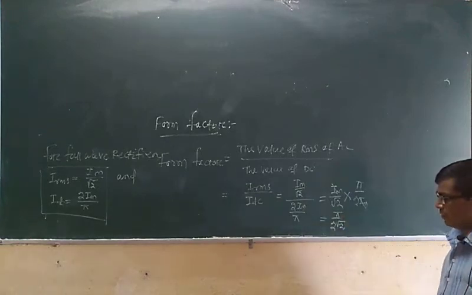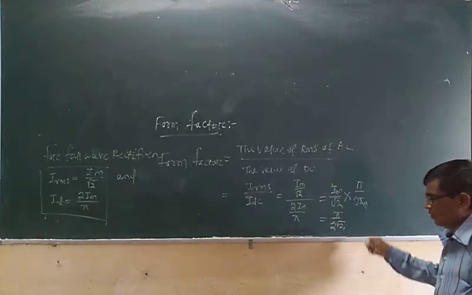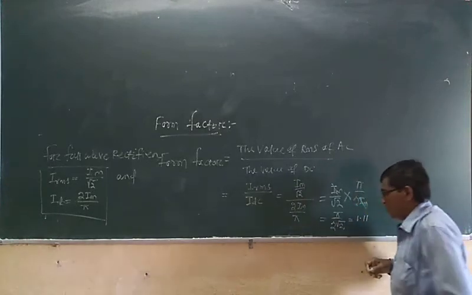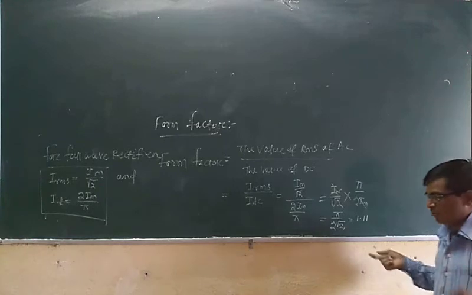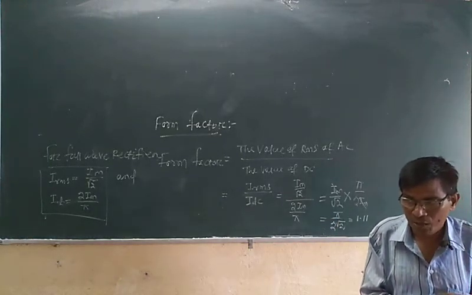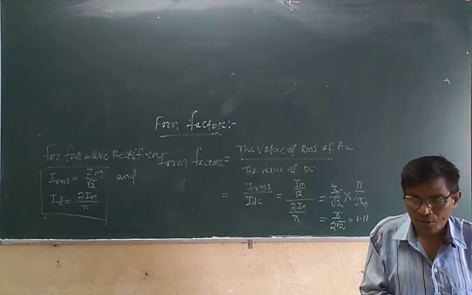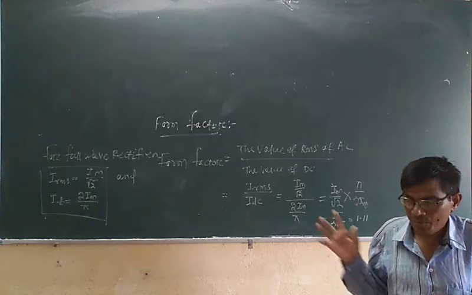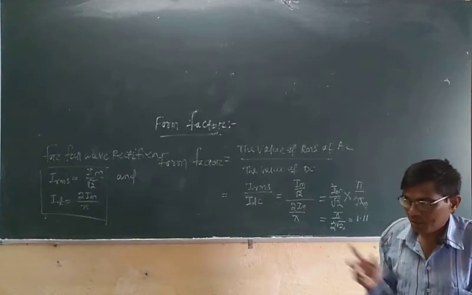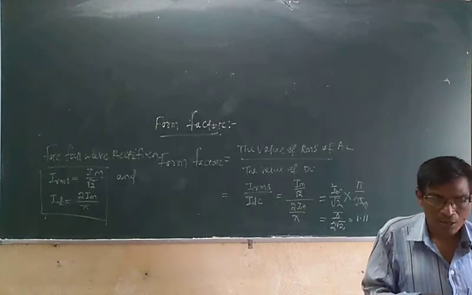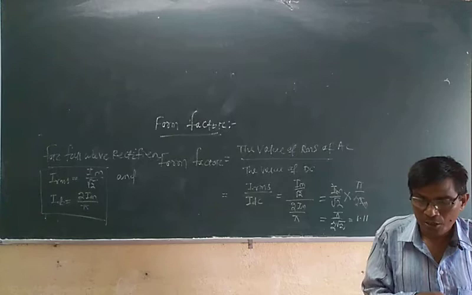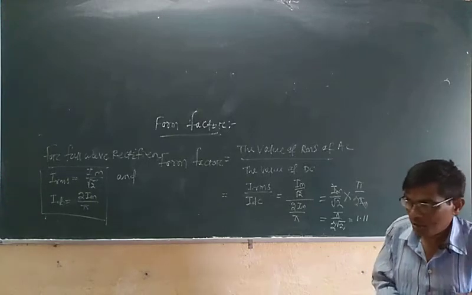So this value is equal to 1.11. So the form factor of a full wave rectifier is 1.11. This is a fixed value. You remember it, and this form factor is also asked in your exam as a short type question.